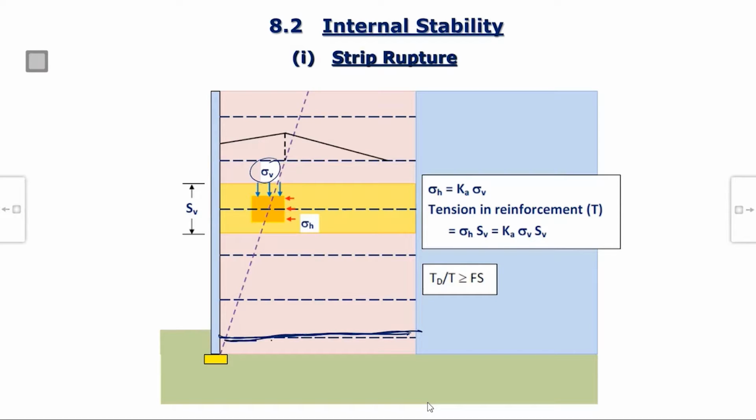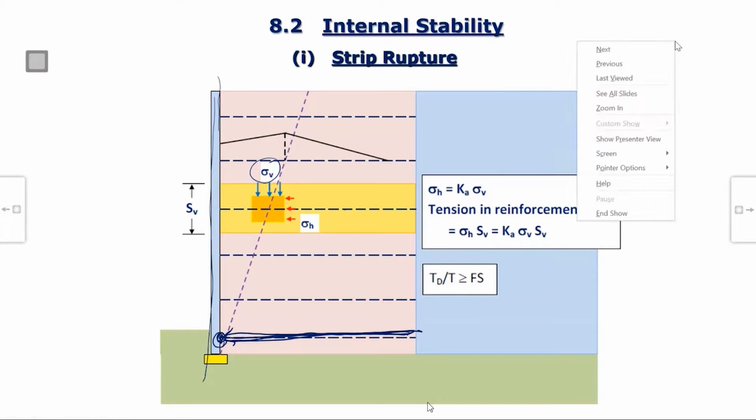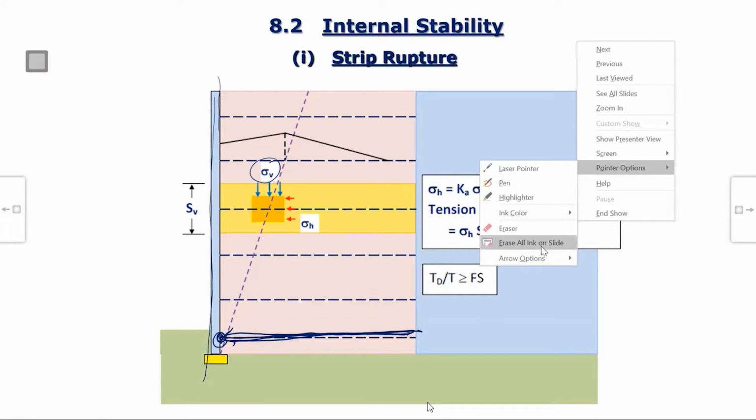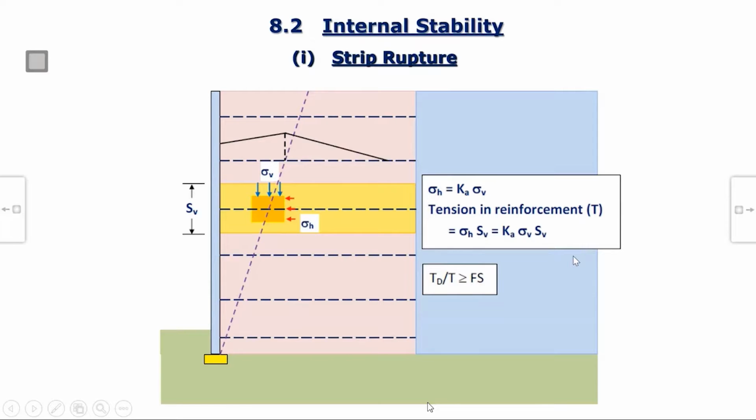So for this tension you have to check the connection also, and at a very minimum a check of the fascia also. But the main checks are these two types only: external stability and internal stability check under both static and dynamic conditions. We have to check static, and with earthquake also we have to check, and it must pass muster in both cases. Then our design will be correct.